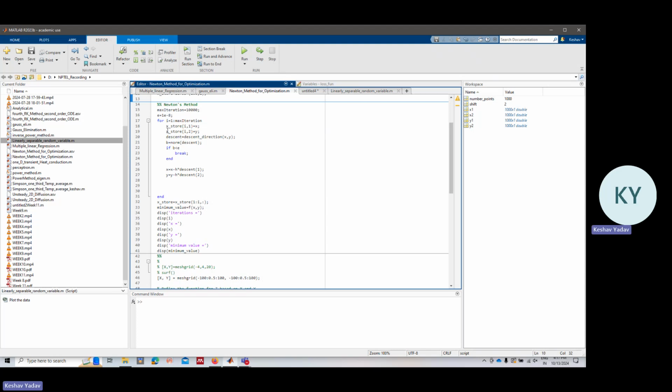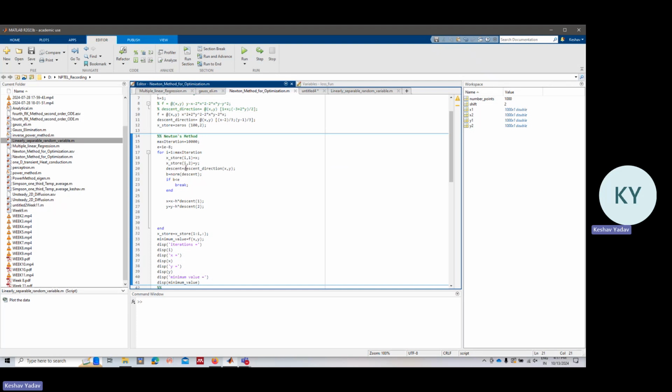So what we did here, while the norm of descent was greater than epsilon, we did x equal to x minus descent of 1 and descent of 2. And descent is defined as descent direction x or y. So like that we have defined now.